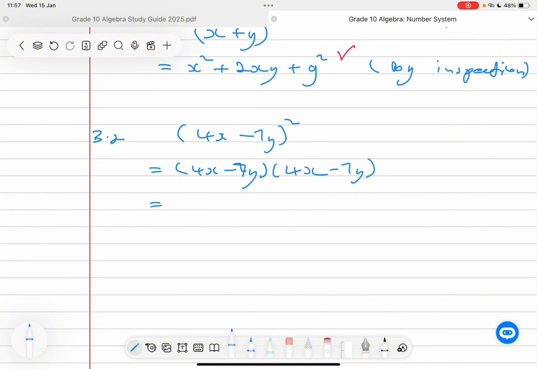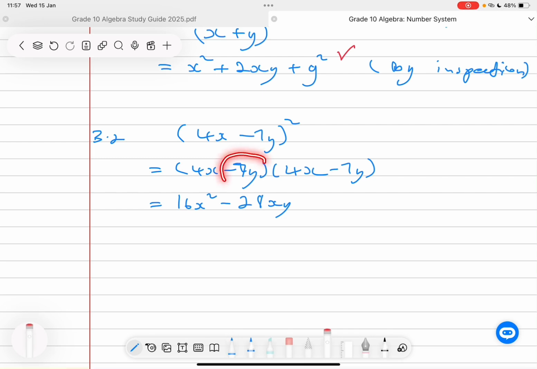And from here, we already know that we can then apply the FOIL method, where we say 4x times 4x here, so that it gives me the 16x squared. We then multiply the outer term, so we say 4x times minus 7y, and that is negative 28xy.